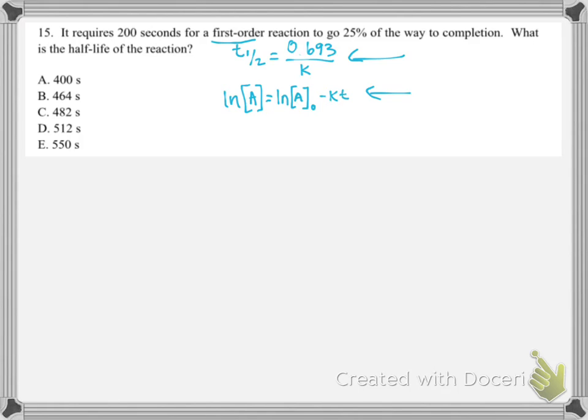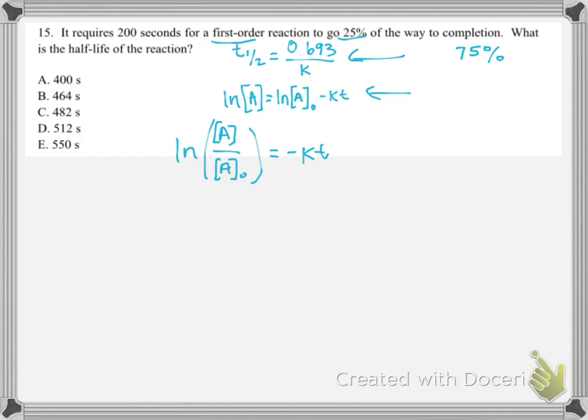A tricky part about these problems is that when they say 25% of the way to completion, that means that we still have 75% left. And so we're actually going to work with that 75% instead of the 25%. We can rearrange this first equation to get that ln of A over A naught is equal to negative kt.